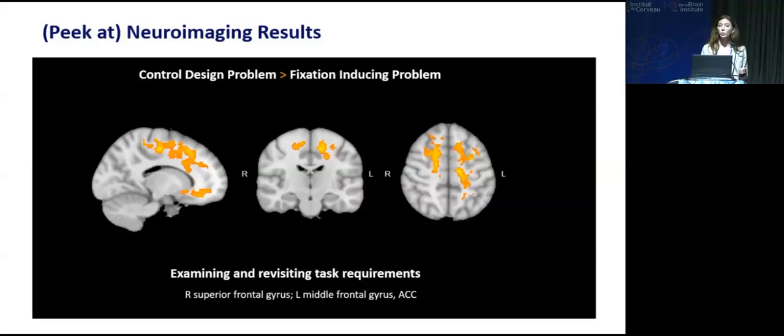So going back to that R or requirement portion of FBS, we see that when participants are examining or revisiting task requirements, so going back or speaking about, thinking about the requirements of the design problem, in the contrast for control relative to fixation, we see greater activity in superior frontal gyrus, middle frontal gyrus, anterior cingulate, so some executive regions, which makes sense with the idea that if you're thinking about goal-directed nature, how am I trying to fulfill the requirements of this task?